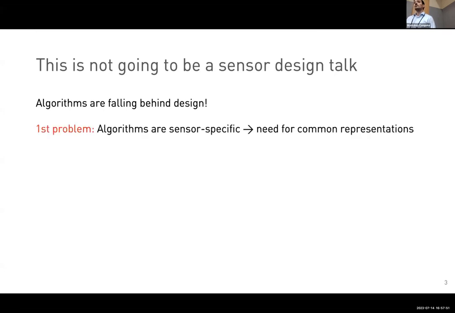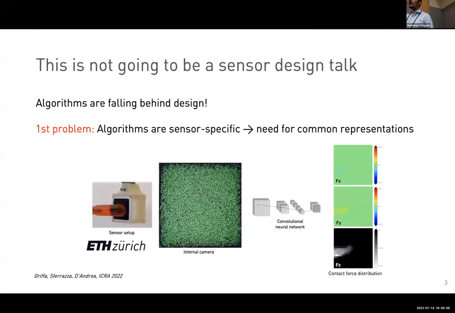There are multiple problems, and the first one is that algorithms are sensor specific. Everyone gets their tactile sensors and builds a method that works for that sensor, but how about transfer across sensors? This really demands common representations across sensing principles. This was part of my PhD work at ETH in Zurich.